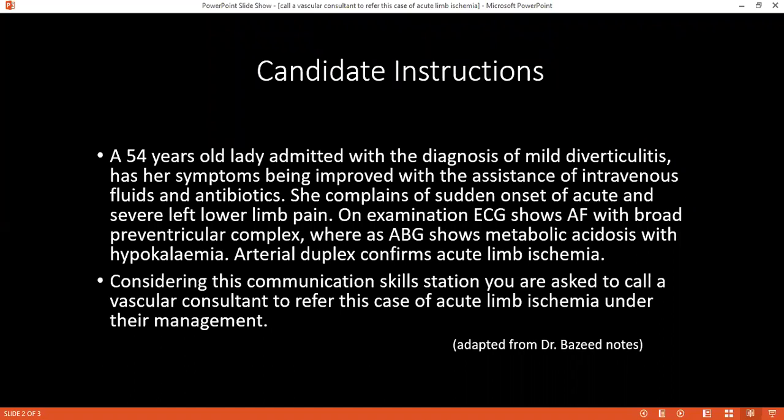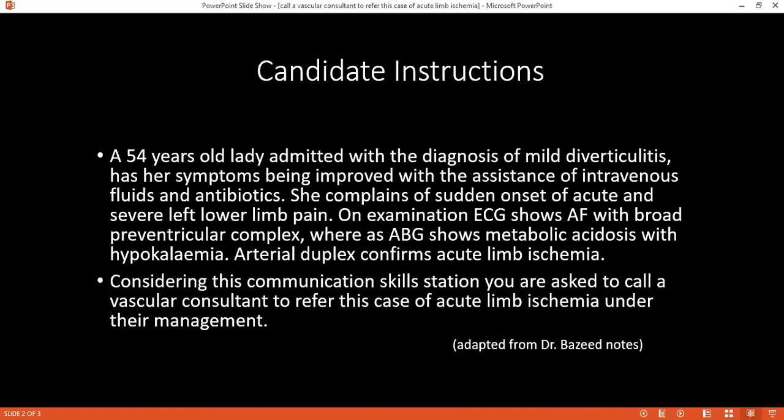Yes, I will also do a duplex scan for the mesenteric vessels. What if the renal functions are not normal? Then I will go for magnetic resonance arteriography, or I can also do the duplex scan.